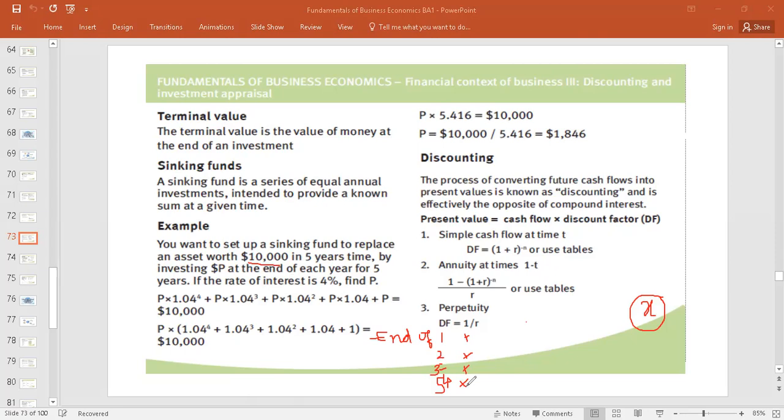So we have the interest calculated as P into 1 plus R whole to the power of 4, 3, 2, 1 plus the final deposit, equal to the amount expected to be received at the end of the period, which would be 10,000. So what are those P amounts which would be invested into the account?